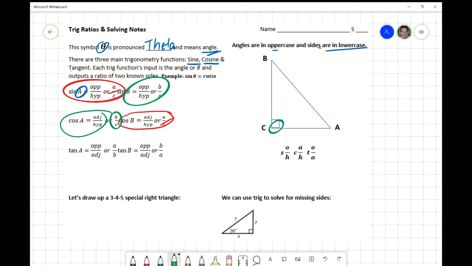So let's come back here and work with A. Okay, so let's keep it green. Work with angle A here, right here. And so you have this association called SOHCAHTOA. S stands for sine, OH stands for opposite over hypotenuse, C stands for cosine, adjacent over hypotenuse, and T stands for tan, which is opposite over adjacent.